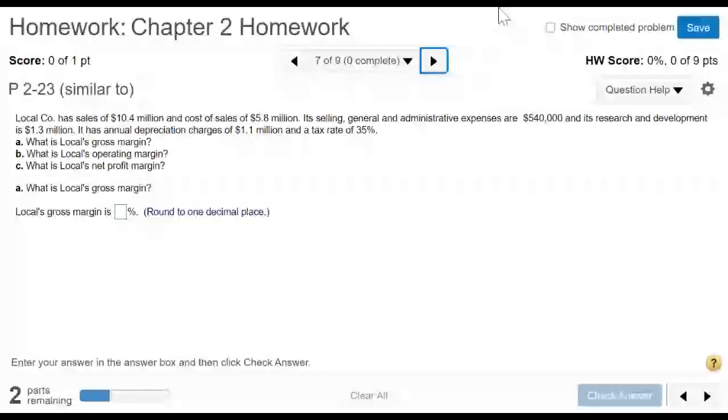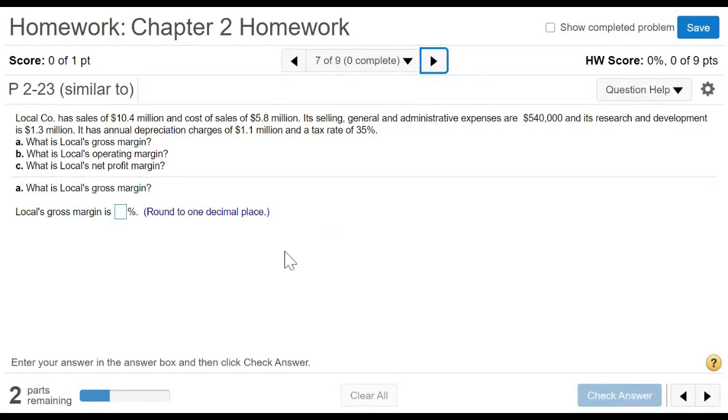Can everybody see this? Yes, we could see it. Try it and give me the answer by yourselves.